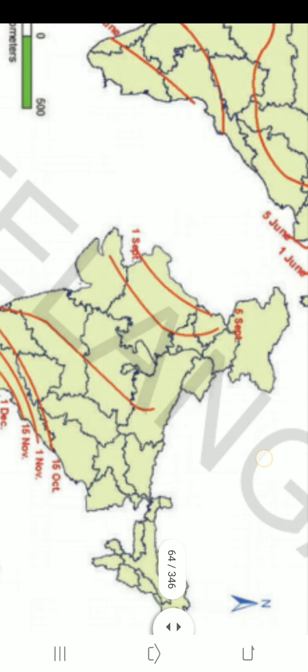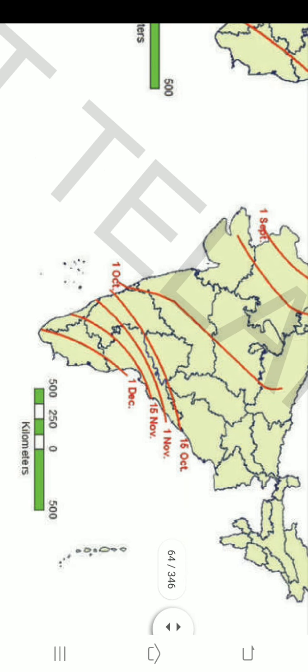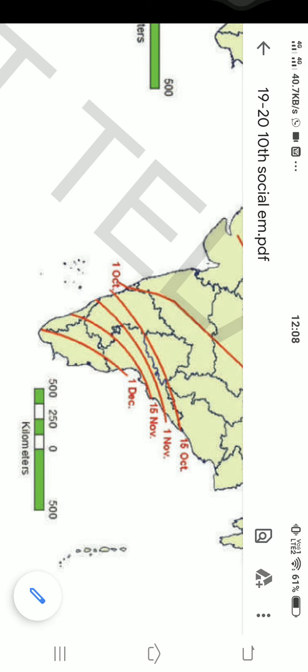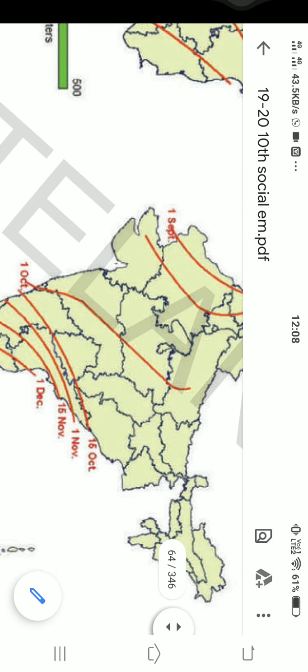It starts by September 1st in Rajasthan, September 5th in Punjab and Jammu Kashmir, and by December it is withdrawing from Tamil Nadu instead. So this is the withdrawal of the southwest monsoons.